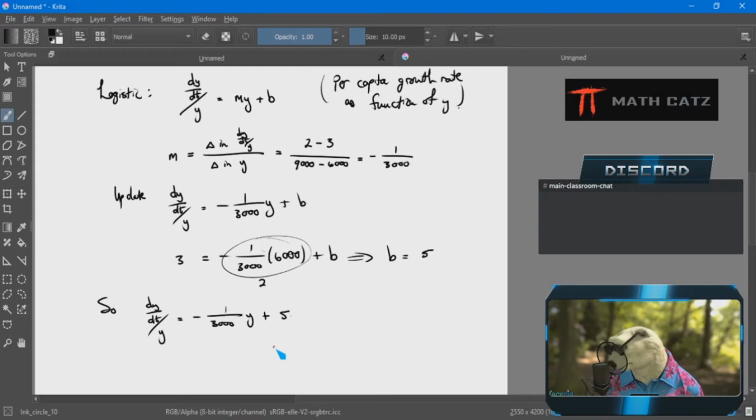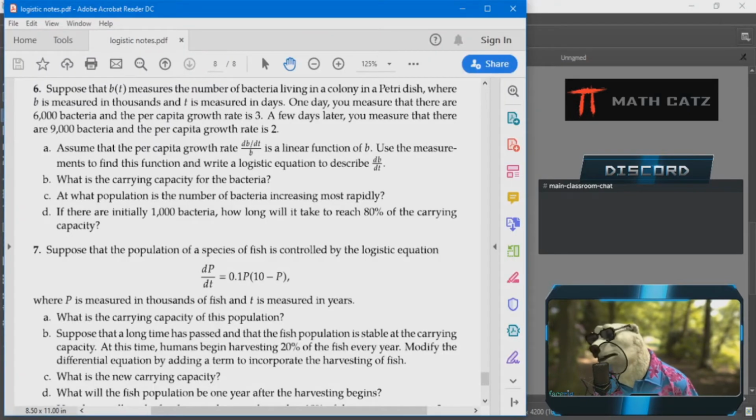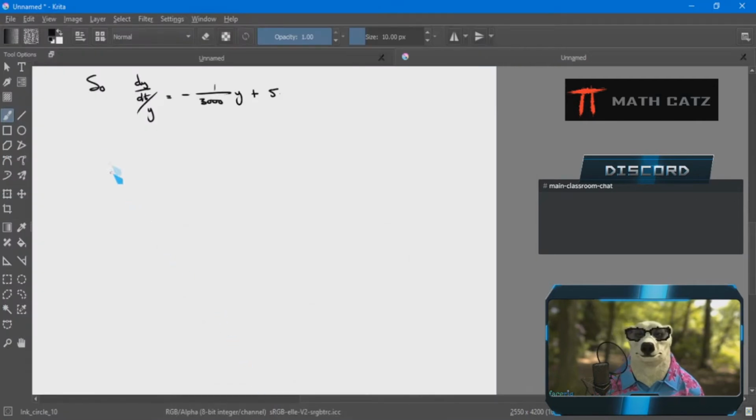Now, this doesn't necessarily look very appealing or familiar when it comes to our logistic equation. Our logistic model just requires a little bit of rewriting. We want to write the logistic model.